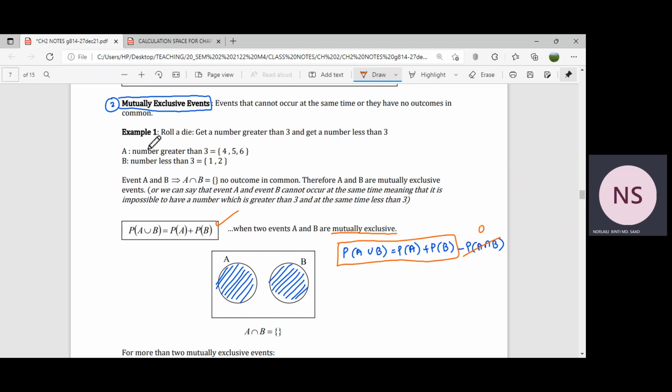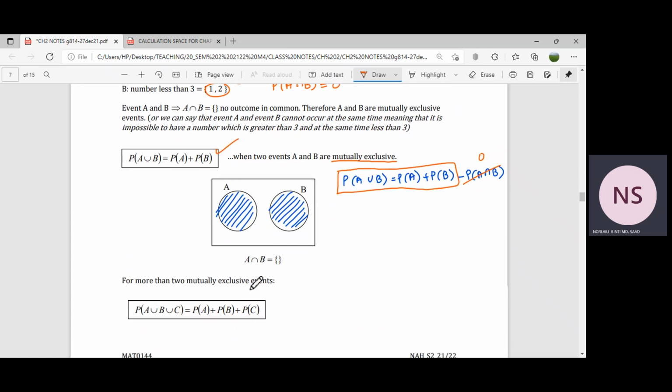Look at example number 1, where we have an event of getting a number greater than 3 and getting a number less than 3. If you look at the elements, there is no intersection between event A and B. The intersection of A and B is equal to 0. Therefore, they are mutually exclusive events. If you have more than 2 mutually exclusive events, we just add.